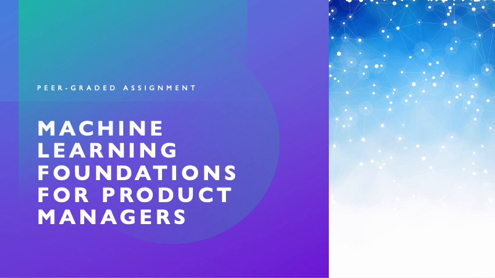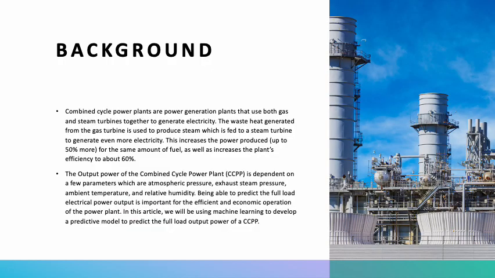Right, so let's just get into it. For the background, we are looking at exploring and creating a model to predict the full load output power for a combined cycle power plant.